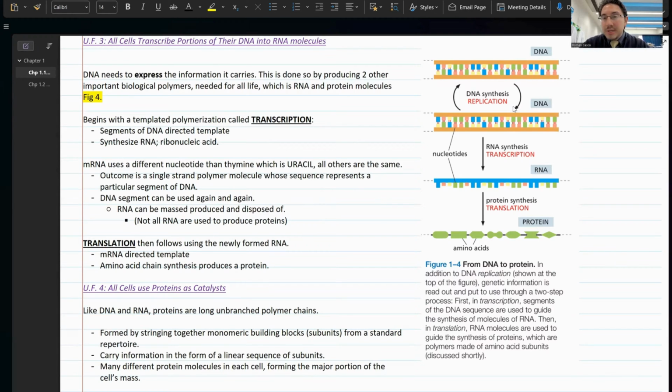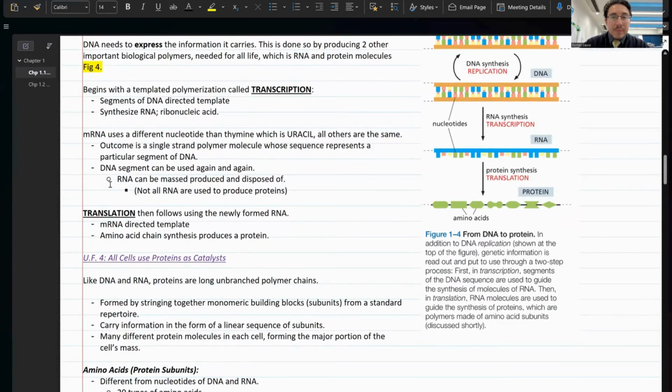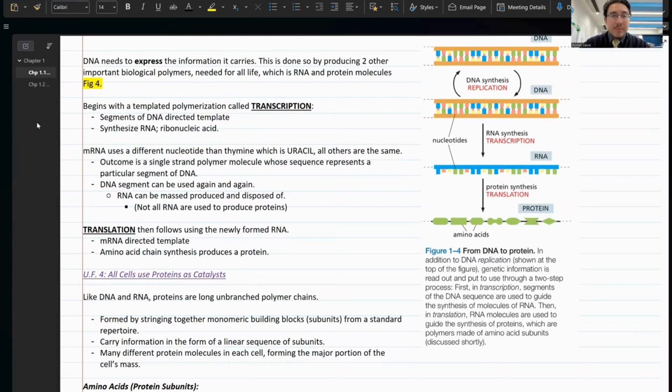Ultimately, you're producing a protein from information that is carried on the DNA. More specifically, this whole process of DNA expression begins with templated polymerization.